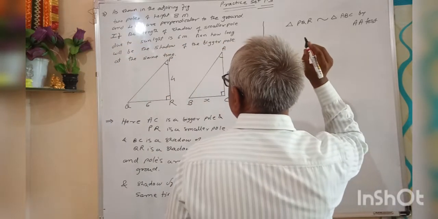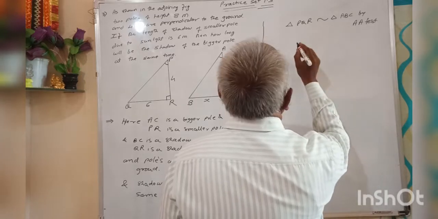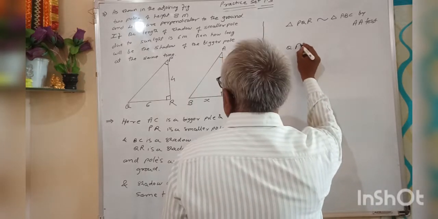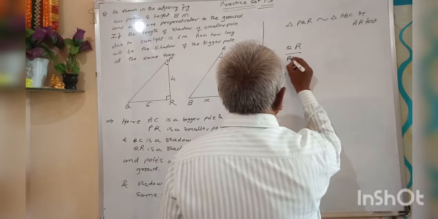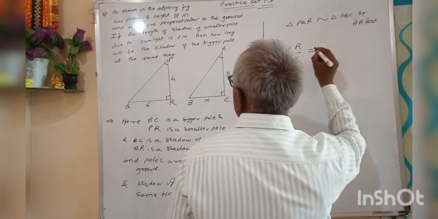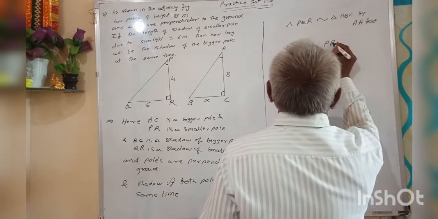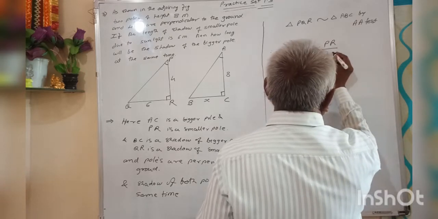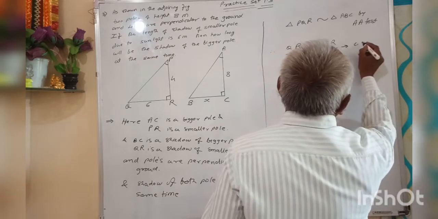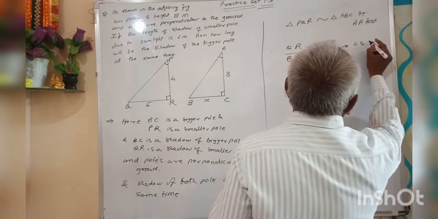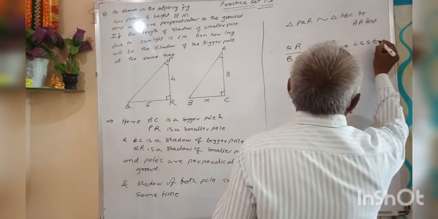Then we can say that QR upon BC is equal to PR upon AC, that is corresponding sides of similar triangles.